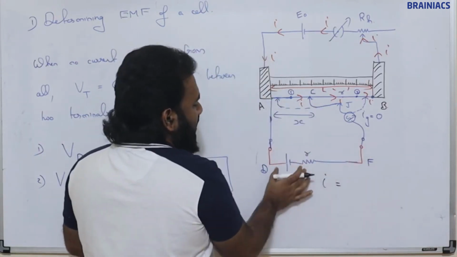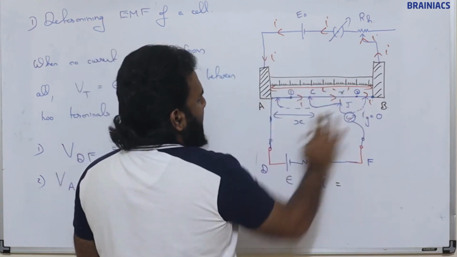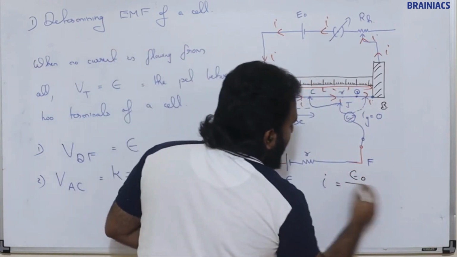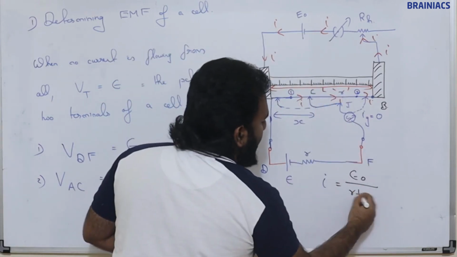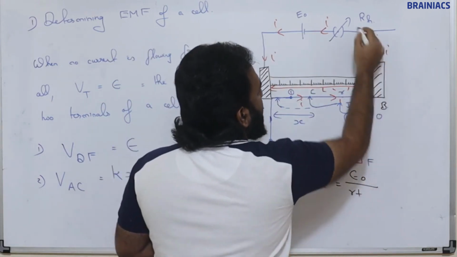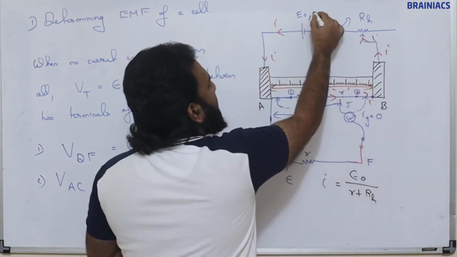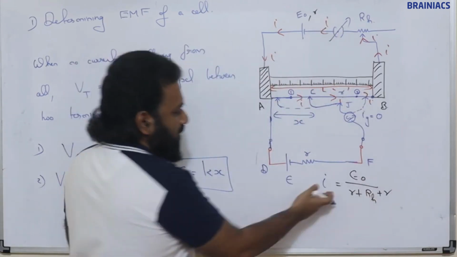No EMF here, this EMF cannot pass current here because these are at the same potential. How many resistances are there? This resistance R plus the rheostat resistance. If this cell has any internal resistance, that also we can add. So this is I.